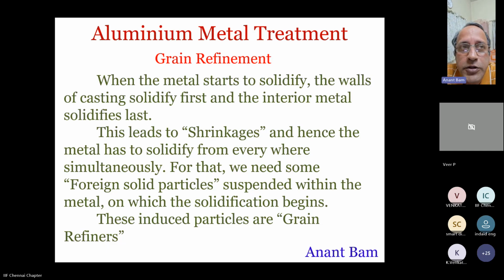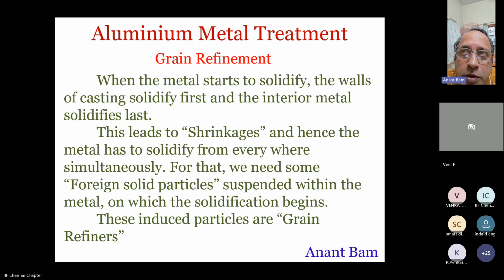Because solid front will grow, and at one stage, there will not be any liquid available to solidify, and there will be a vacuum or void of 2% volume of that total cube at the center of that cube. That is called as shrinkage cavity.